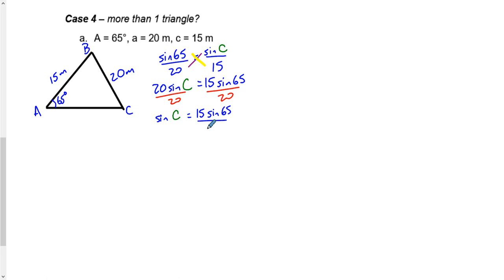And sine inverse. So our sine inverse of 15 sine 65 over 20, I'm getting 42.8.